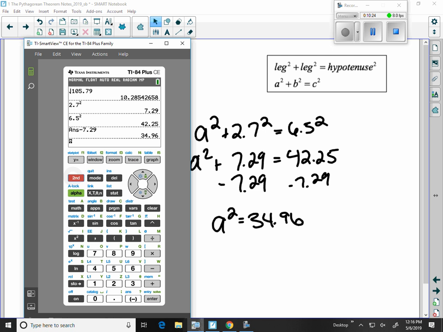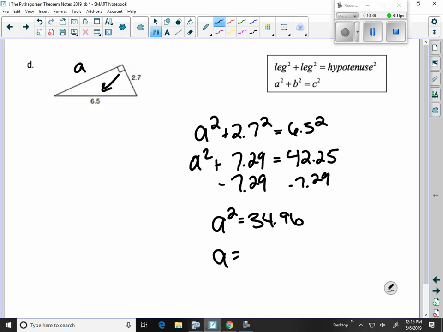Okay, square root. 5.9, yes? Yes. It's taking forever on this calculator. I guess I could just do a handheld since you guys are doing okay with it.